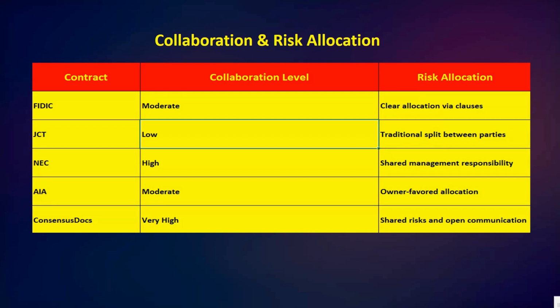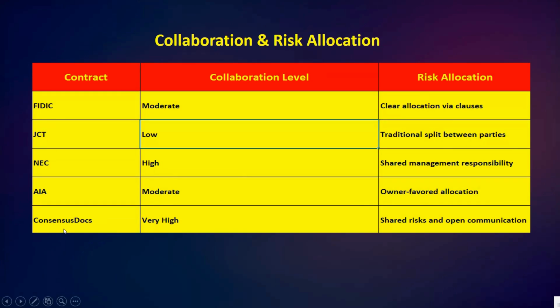JCT is low on collaboration, following a traditional client contractor relationship. Then NEC. NEC is highly collaborative. Both sides share the management responsibilities and promote early issue resolution. Next, we have AIA. AIA offers moderate collaboration but leans more towards owner control.